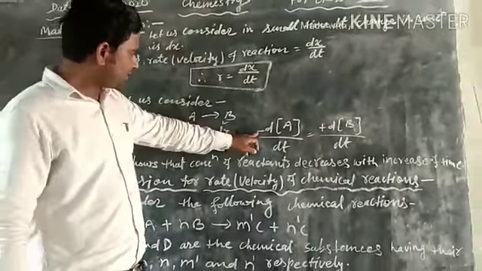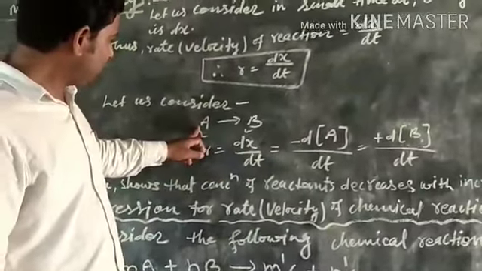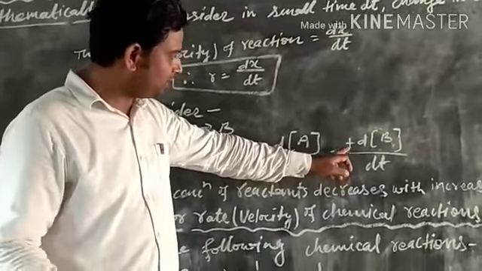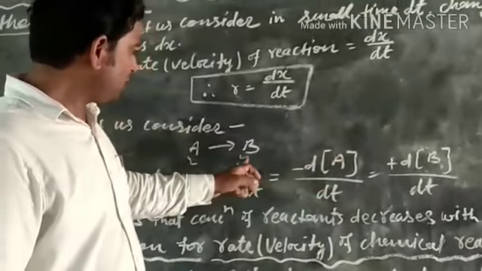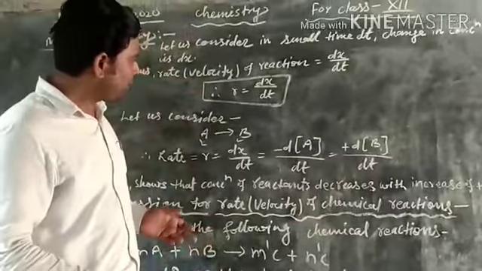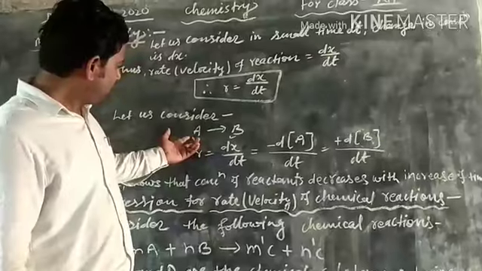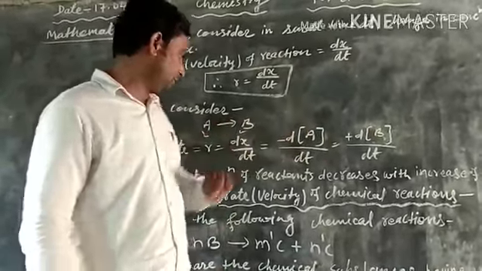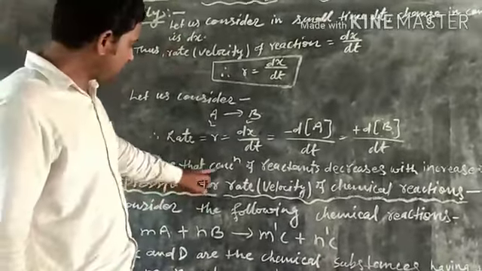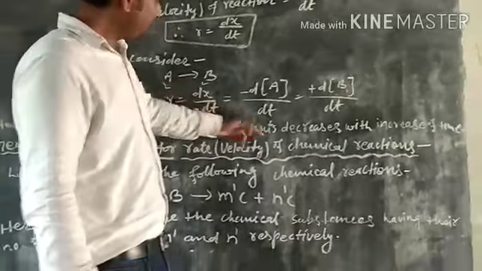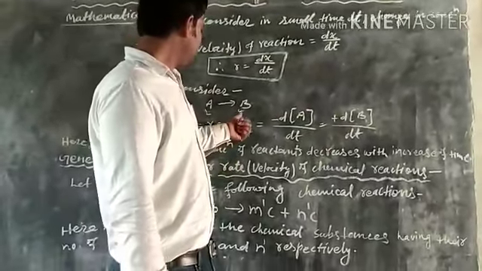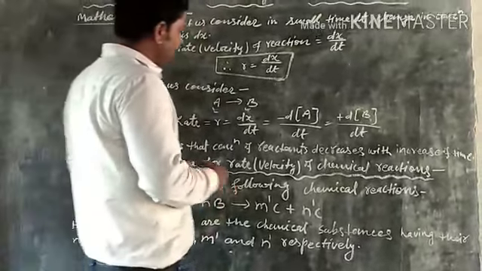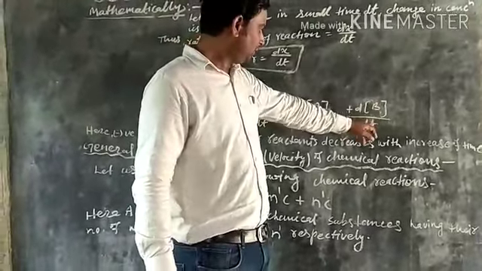Here the minus sign indicates that the concentration of reactant is decreasing with time, and the positive sign represents that the concentration of product is increasing with time. When time increases, the concentration of reactant A decreases and the concentration of product B increases, so plus d[B] by dt.